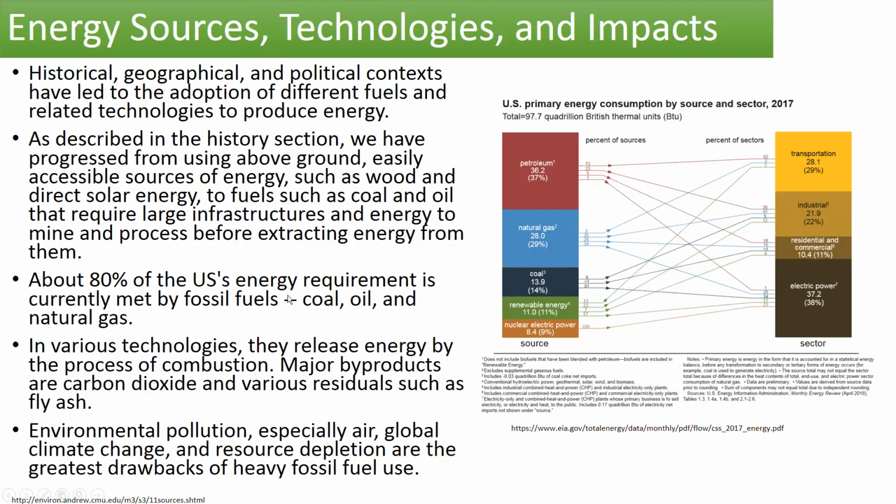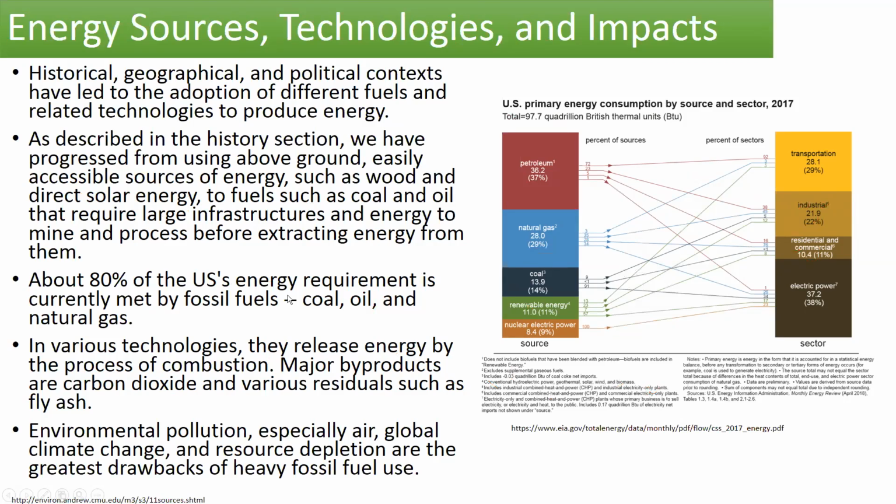Natural gas was 29%, coal was 14%, renewable energy was only 11%, and nuclear energy was 9%. So again, last year, the biggest portion of energy sources were non-renewable energy, which accounts for about 80% of the whole mix of energy in the United States.